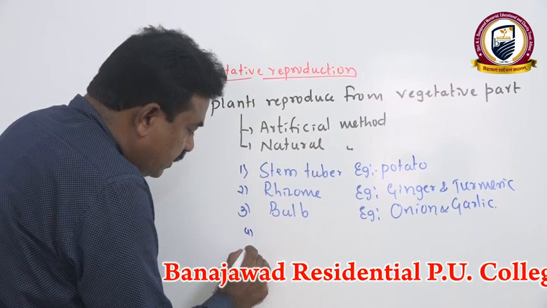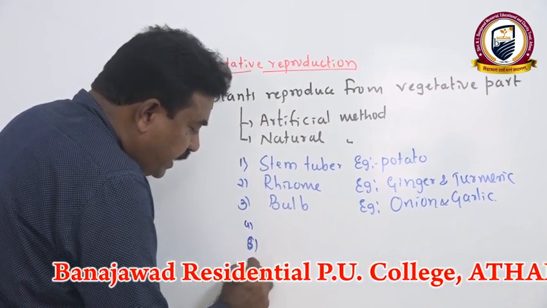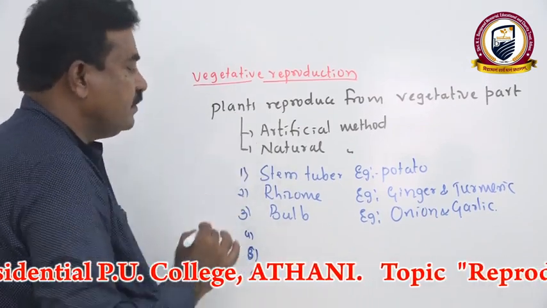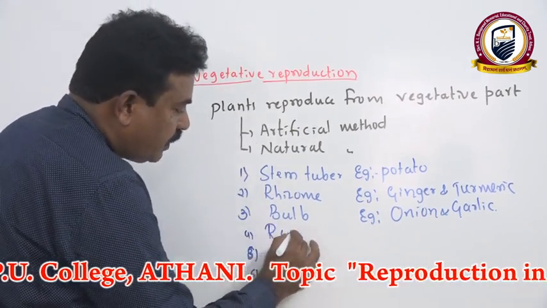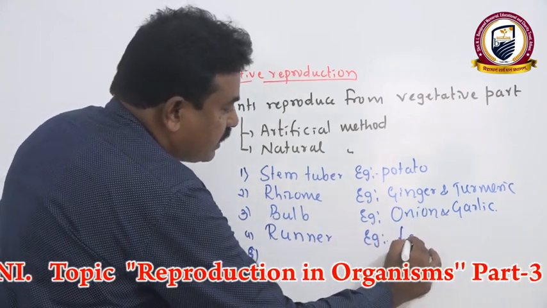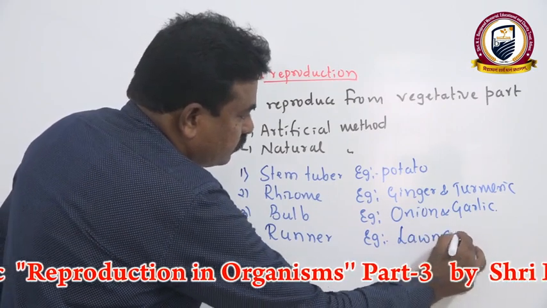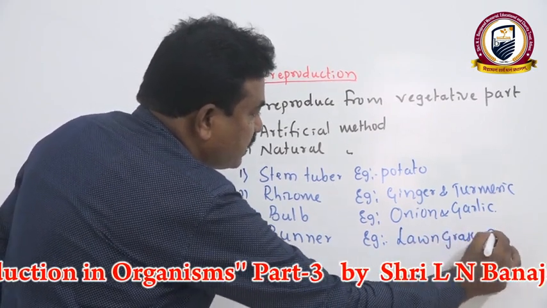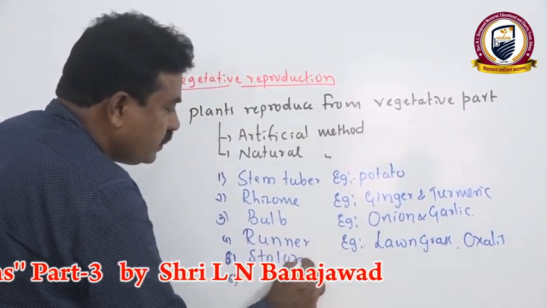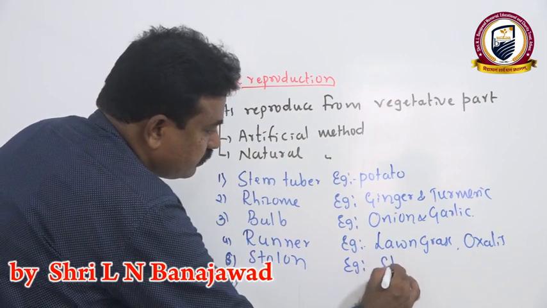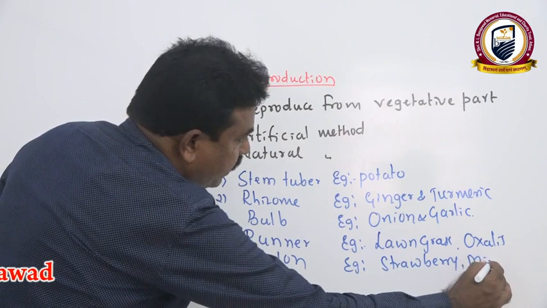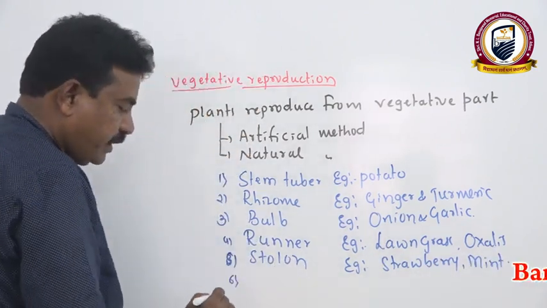There are some subaerial stem modifications also meant for vegetative reproduction. The most common one is runner, we see in lawn grass, and even oxalis. Then stolon in case of strawberry, and also in mint we have that kind of reproduction.